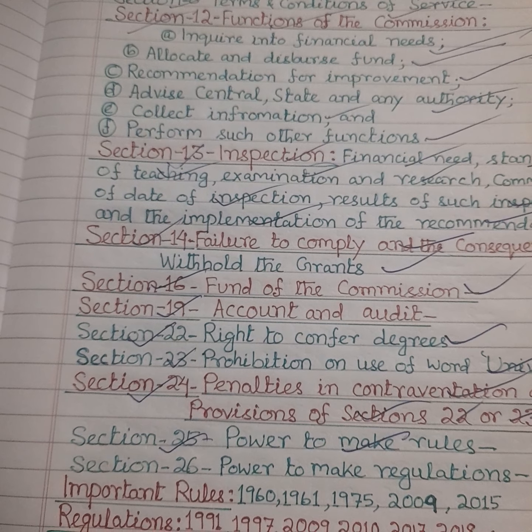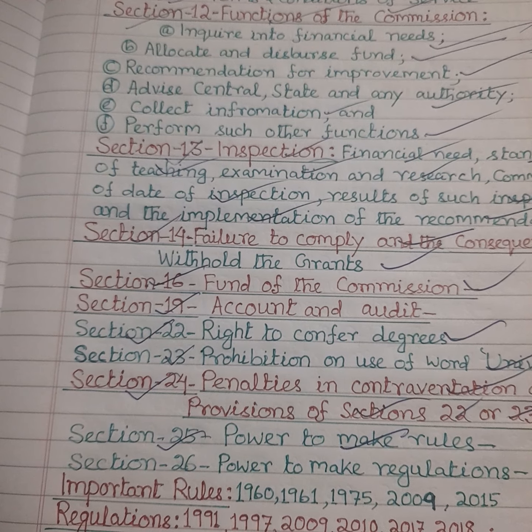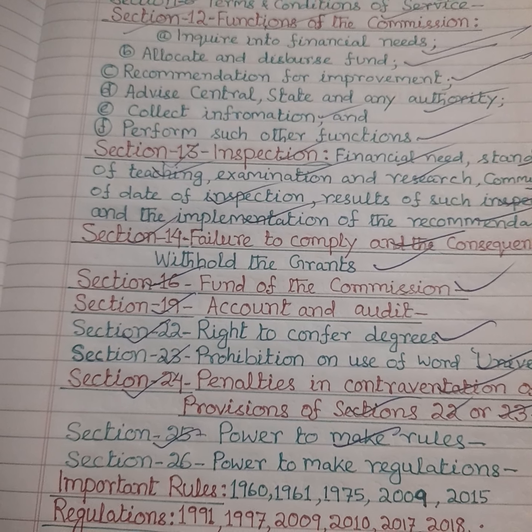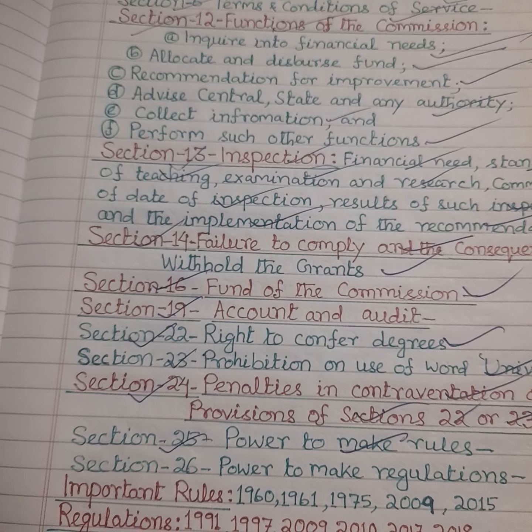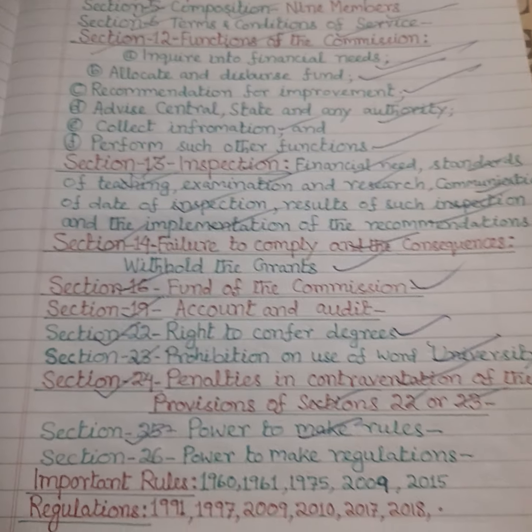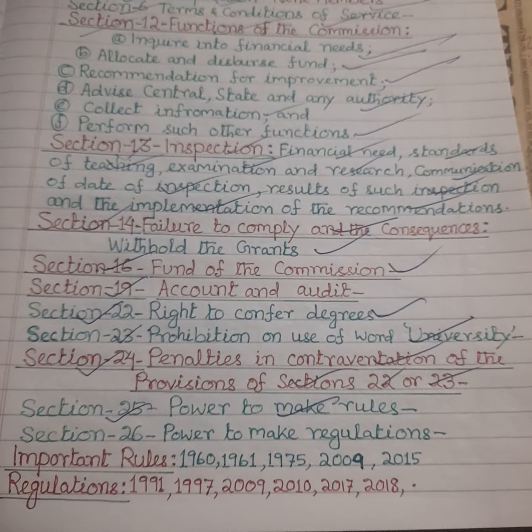All rules made under this section, that is Section 25 of the Act, shall as soon as possible after they are made be laid before both houses of Indian Parliament.